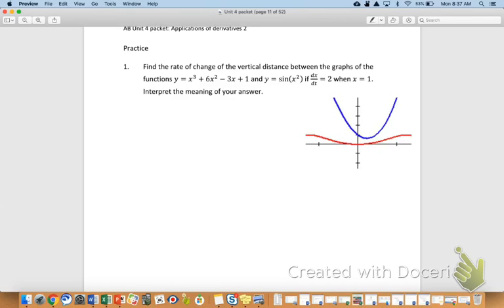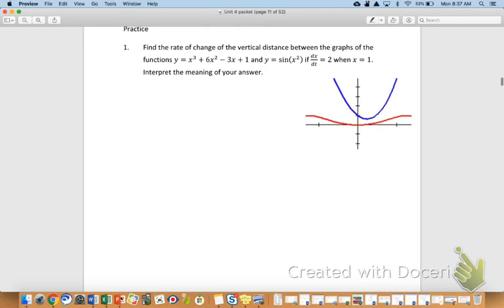It says, find the rate of change of the vertical distance between the graphs of the functions, the polynomial and the trig function there, if dx/dt equals 2 when x equals 1. And we're going to try to interpret the meaning of our answer. Find the rate of change of the vertical distance between the graphs of those functions if dx/dt equals 2 when x equals 1.